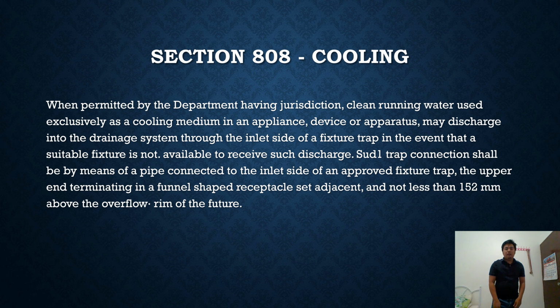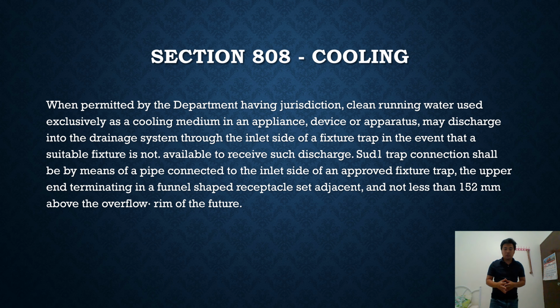Next, section 808, cooling. When permitted by the department having jurisdiction, clean running water used exclusively as a cooling medium in an appliance, device or apparatus may discharge into the drainage system through the inlet side of a fixture trap in the event that a suitable fixture is not available to receive such discharge.